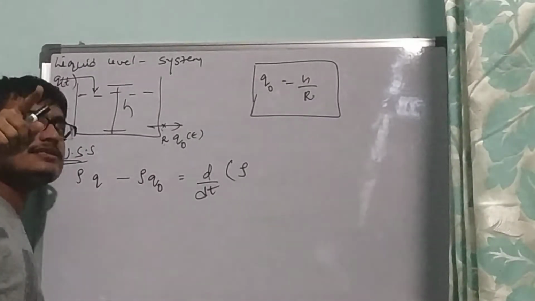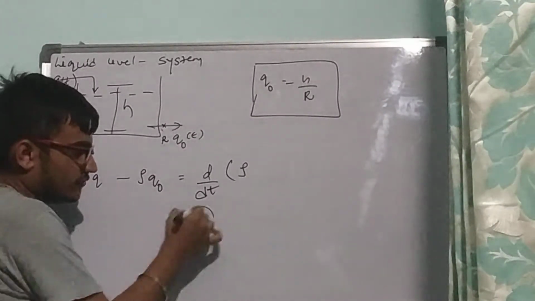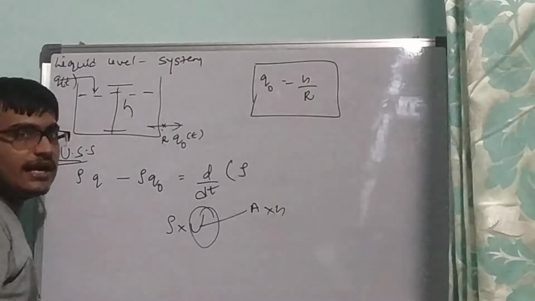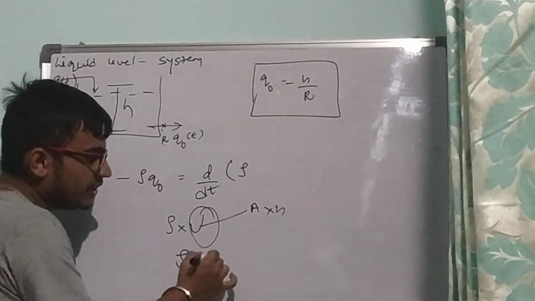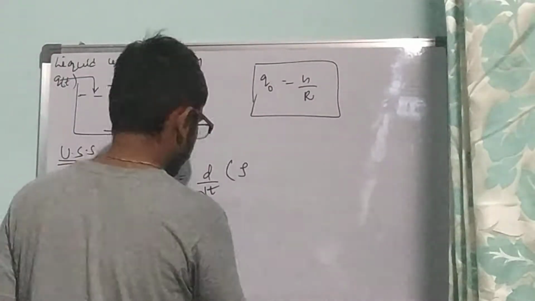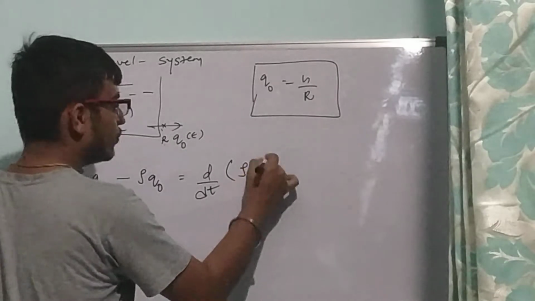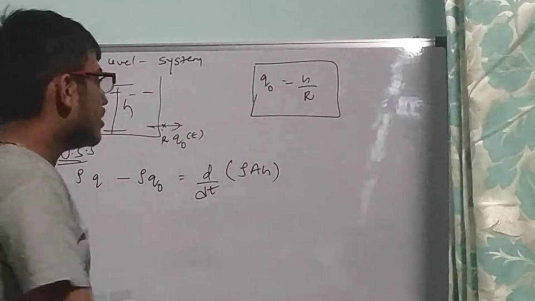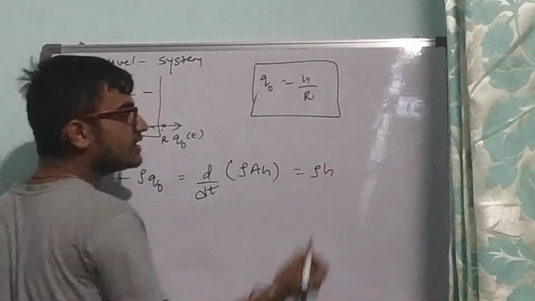So that accumulated mass is density into volume, and volume can be written as area into height. So you can write density into area into height as mass. Right or wrong? So it is d by dt of rho A H. Density and area are constant.